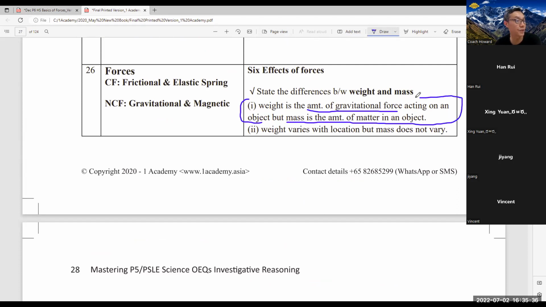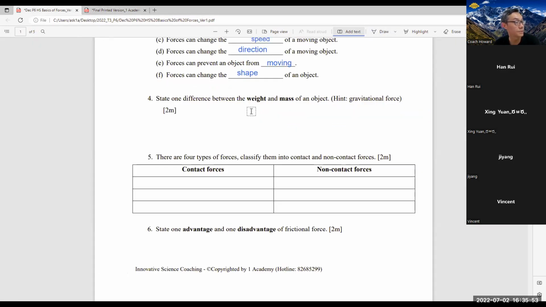For mass, you should have learned in Primary 4. So please kindly memorize this, the difference between weight and mass. When you talk about mass, it's the amount of matter. Weight is the amount of gravitational force acting on an object. So that's the answer for this part here.